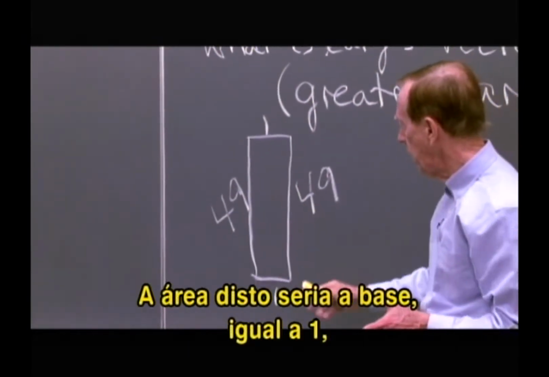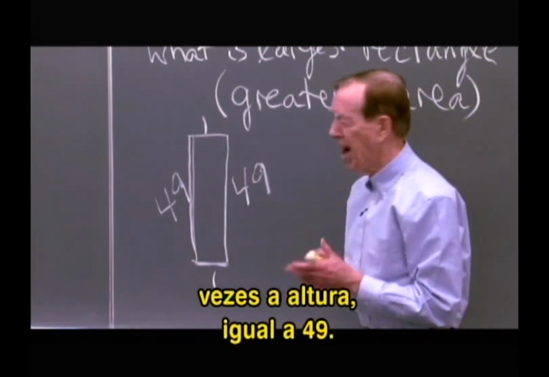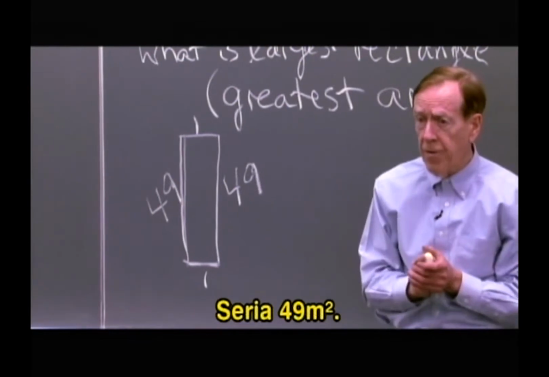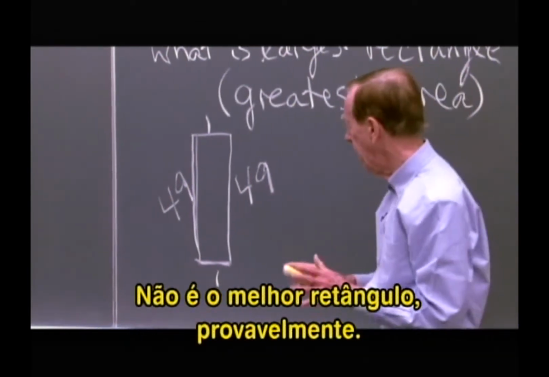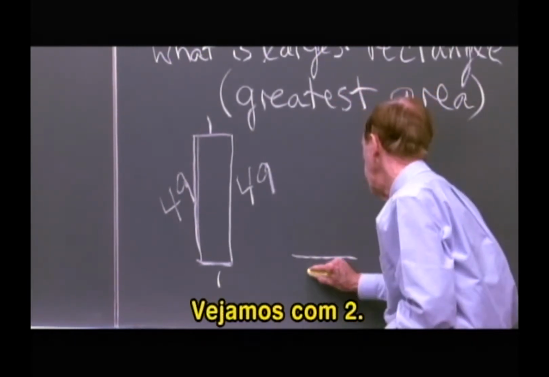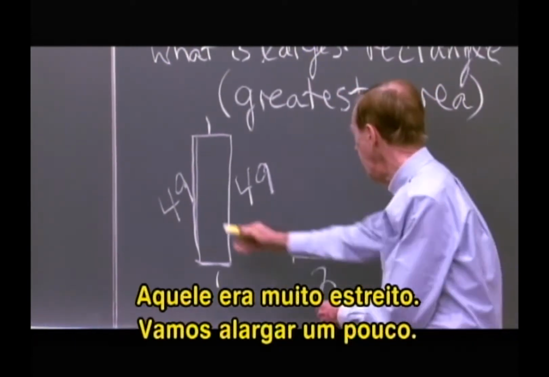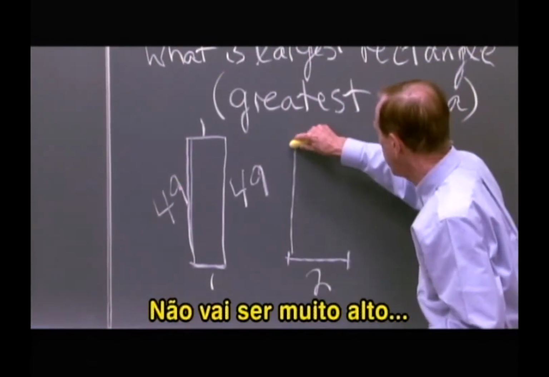The area of that would be the base, 1, times the height, 49. Just 49, in fact. That's probably not the best rectangle. Let me change to a second choice. Let me use 2. That one was too narrow. Let's make it a little wider. So it won't have as much height.